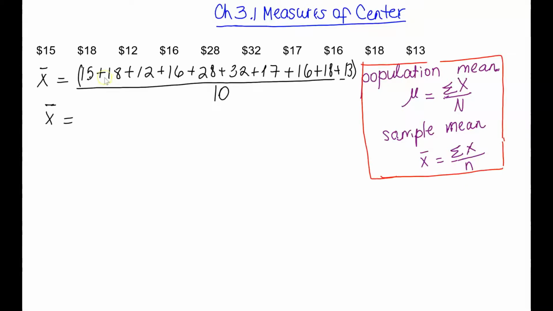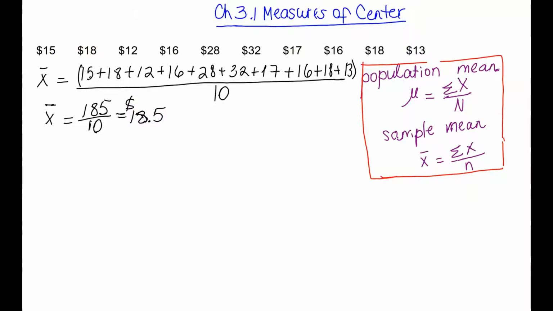Mean is equal to all the values added up and then divided by the total number of the values, which is 10. 185 divided by 10 is $18.5, the mean hourly rate from this sample.